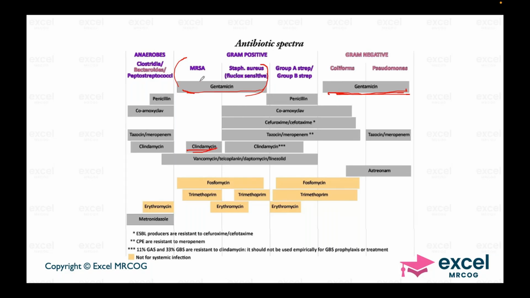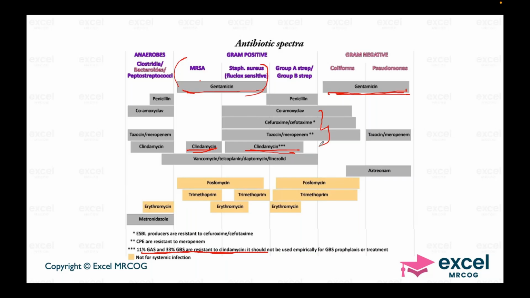It is mainly used for the strep and the staph, but there is rising resistance to clindamycin. Your cefuroxime, cefotaxime, your tazobactam, and your meropenems are all for strepto and staphylococci, which is why they are used as your first line sepsis regimen.